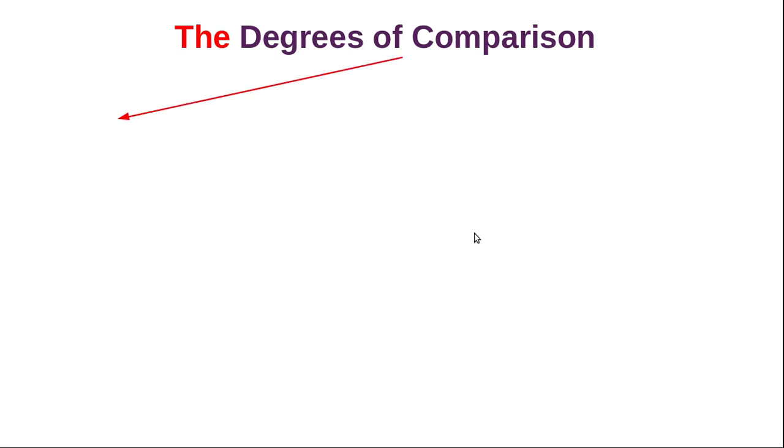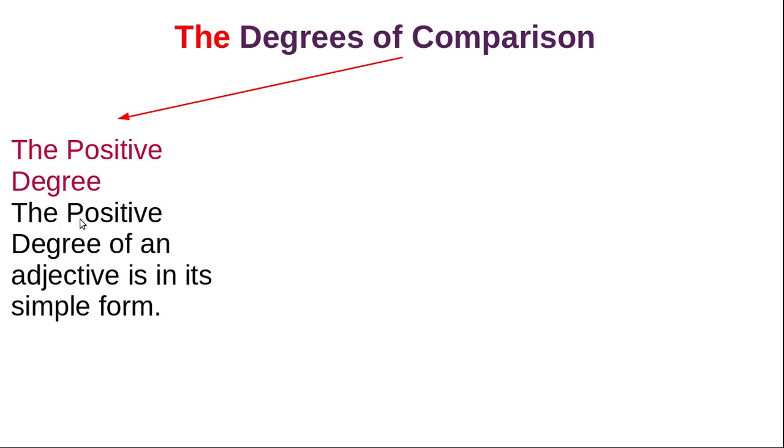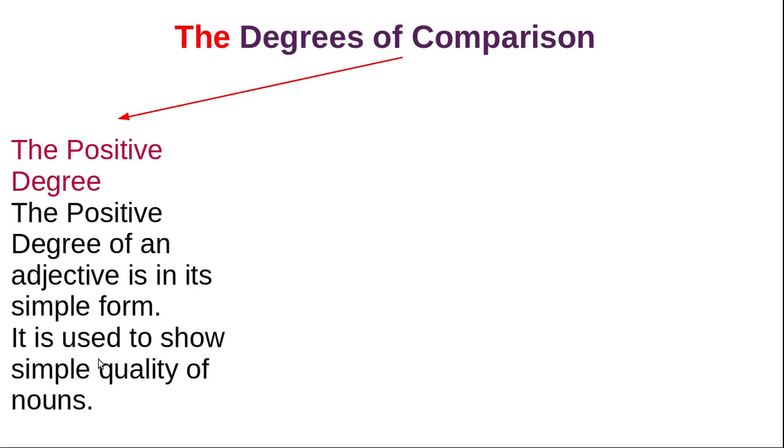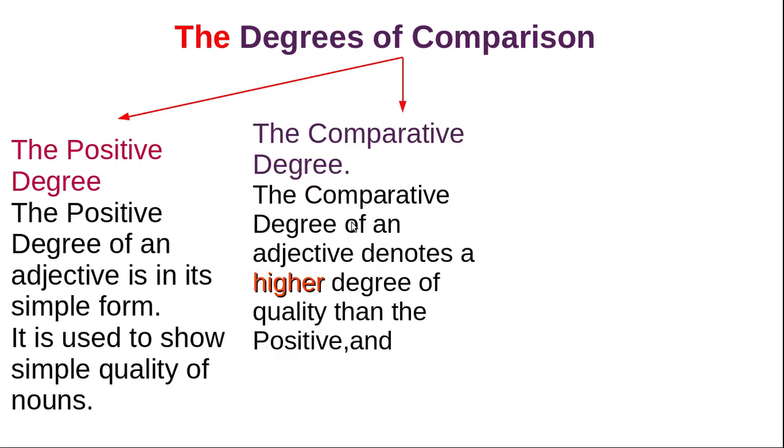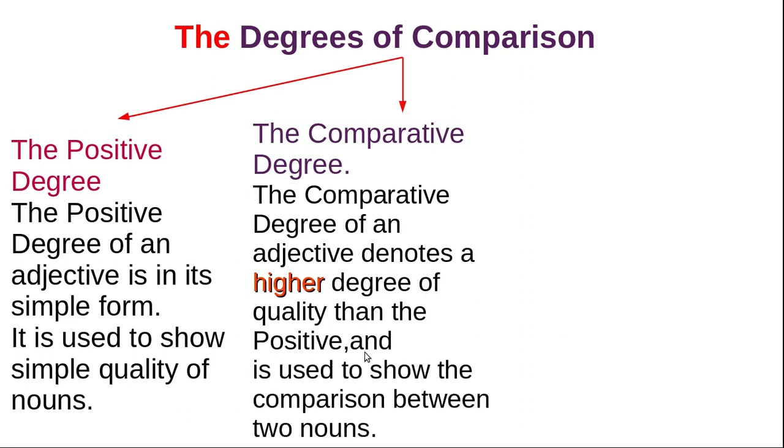Okay, right? Now, in brief, the degrees of comparison are 3. The positive degree, that is, the adjective is in its simple form and is used to show the simple quality of nouns. Got it? Now the second one is the comparative degree, that denotes a higher degree of quality than the positive, and it is used to show the comparison between 2 nouns.